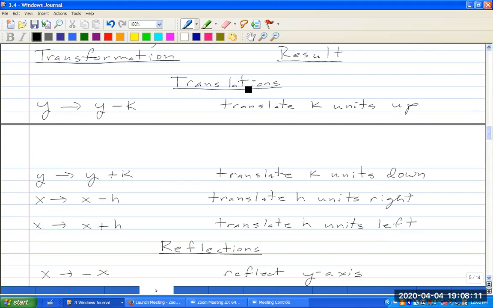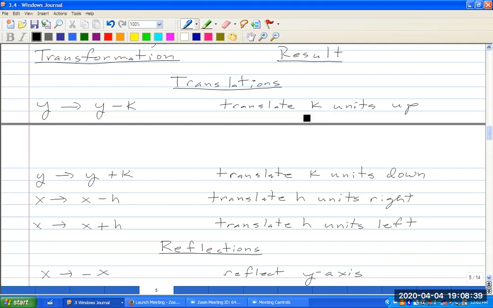So first, let me describe translations. So suppose you replace y by y minus k. Then you'll translate k units in the positive y direction, positive because it's negative y direction, which means you're going to be going up.